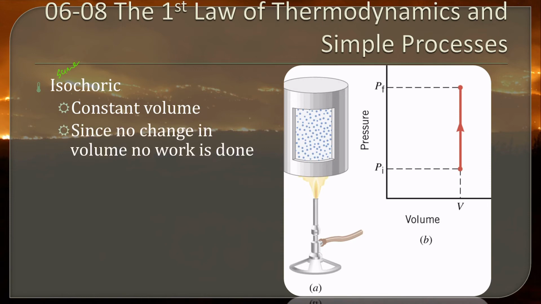Since there's no change in volume, if we look at this little PV diagram, the pressure changes, but the volume doesn't. There's no area under that graph. So there's no work being done. Nothing is moving.